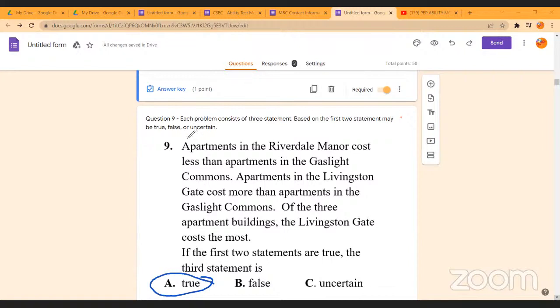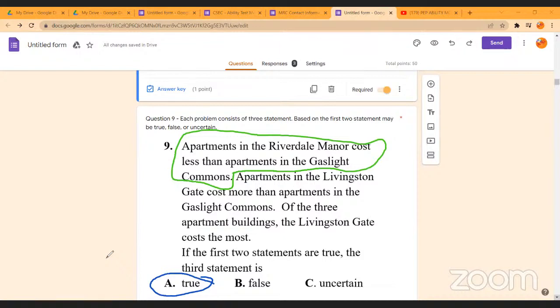Apartments in Riverdale cost less than apartments in the Gaslight Commons. All right. So the apartments in Riverdale.